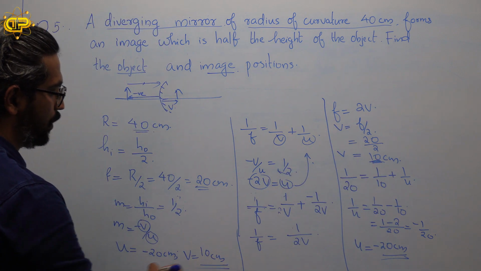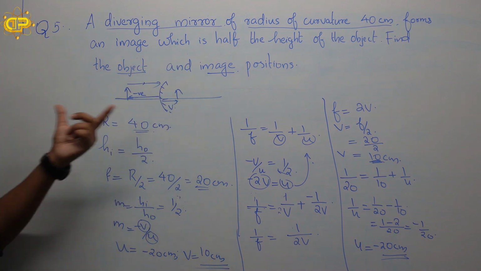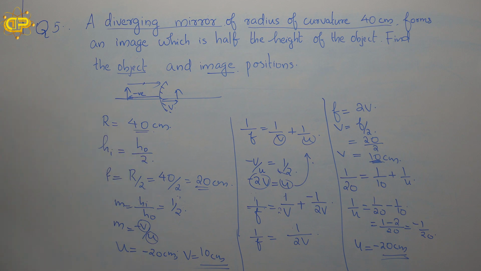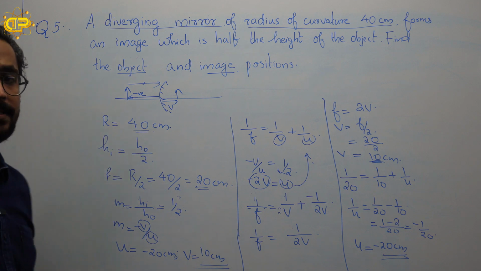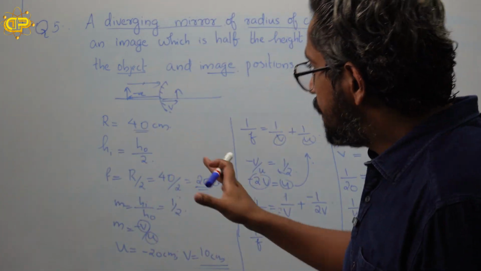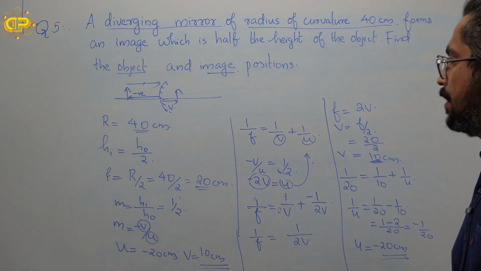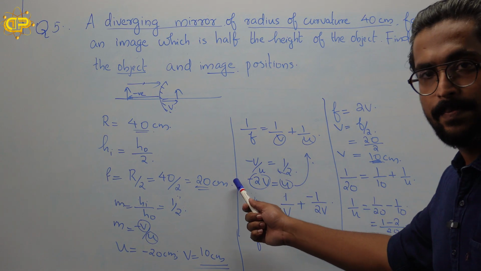I hope that you got the points there. It's a bit confusing in between because only two terms are given, R and the magnification. In that particular case, what you have to do is find out F and then find out a relation using this magnification.